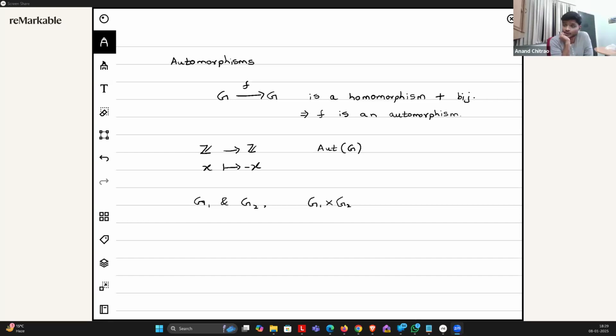So can you turn G1 cross G2, the set theoretic Cartesian product, into a group? The answer is yes. What you do is you have the operation on G1 and the operation on G2, and just take the product of those two operations. So the group coming out of this Cartesian product is called the direct sum of G1 with G2.